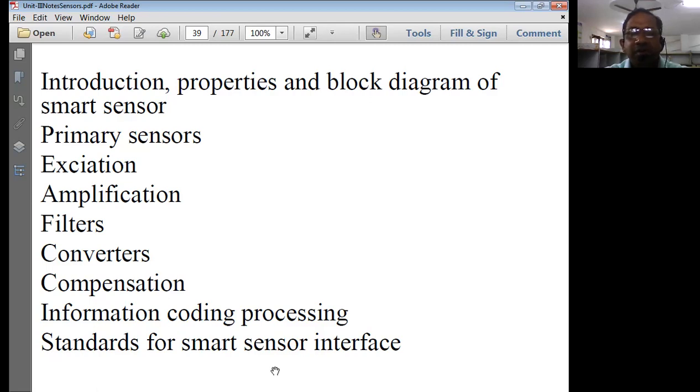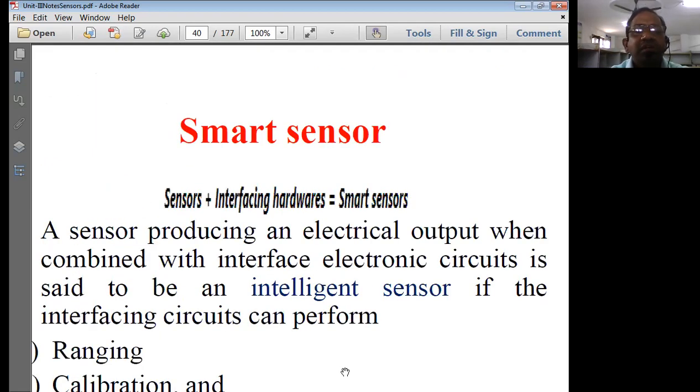Standards for smart sensor interfaces have to be formed after we understand the complete sensor. After it is done, the next step is designing of the sensor. After designing, we plan for manufacturing the sensor, and after that testing the sensor. Then finally we go to the packaging section. After testing, we manufacture many sensors and then distribute them to the customers. So this is the process for the standards, right?